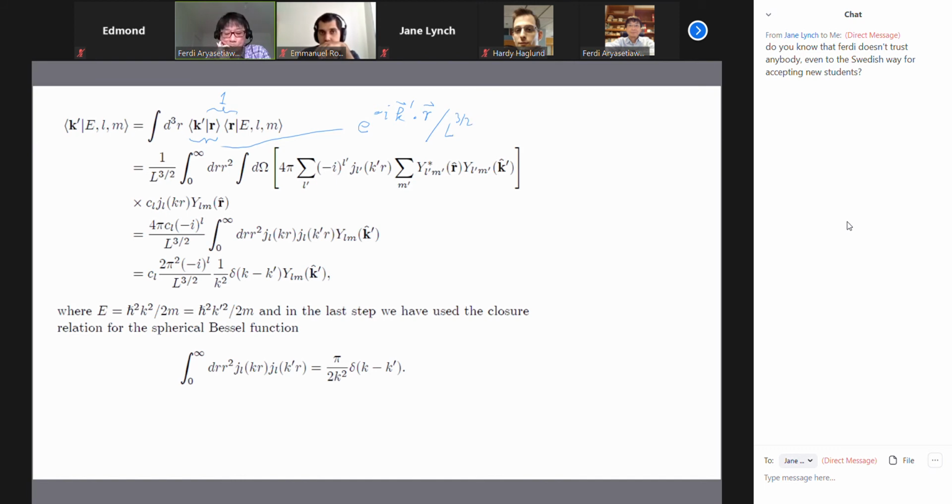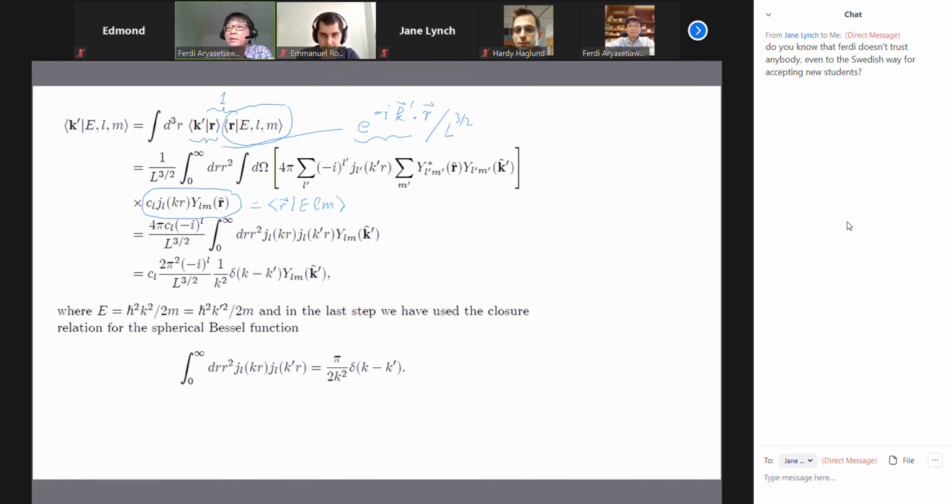Okay, and this one we know, so that is just this one here. So that's equal to R_ELM, and we expand the plane waves using the formula we just had in the previous slide.